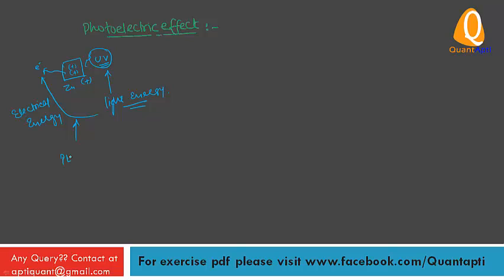The electrons, those negative charge particles which are emitted from a metal surface, are converted into electric current.